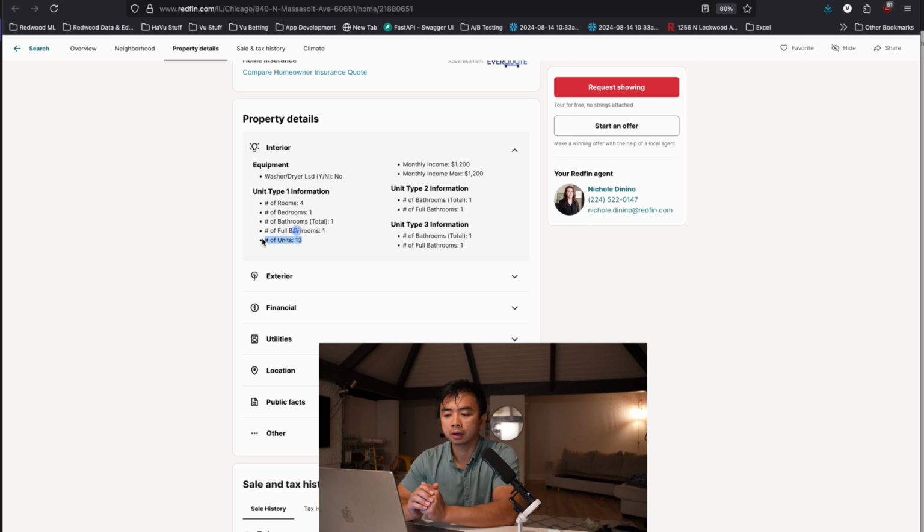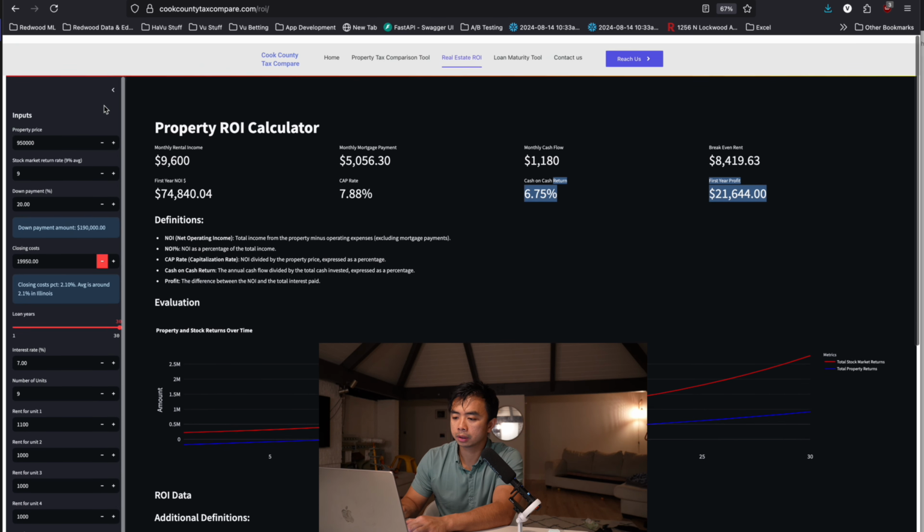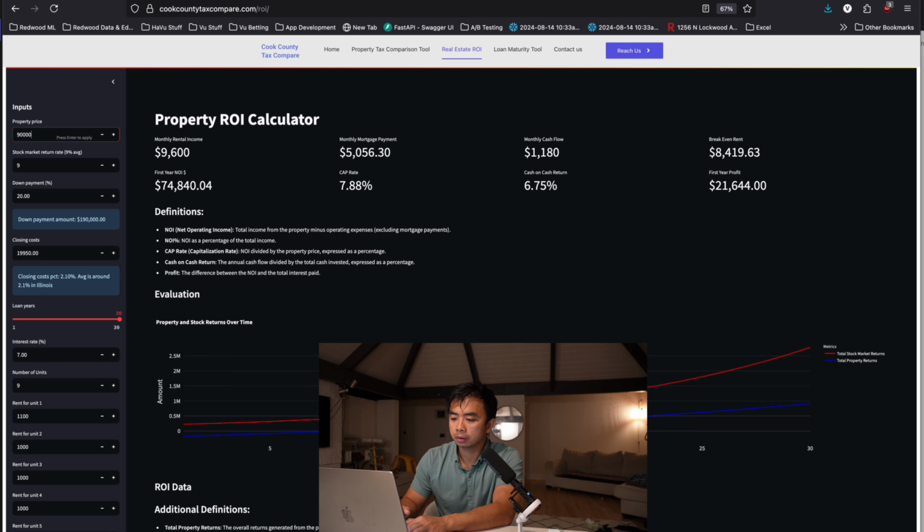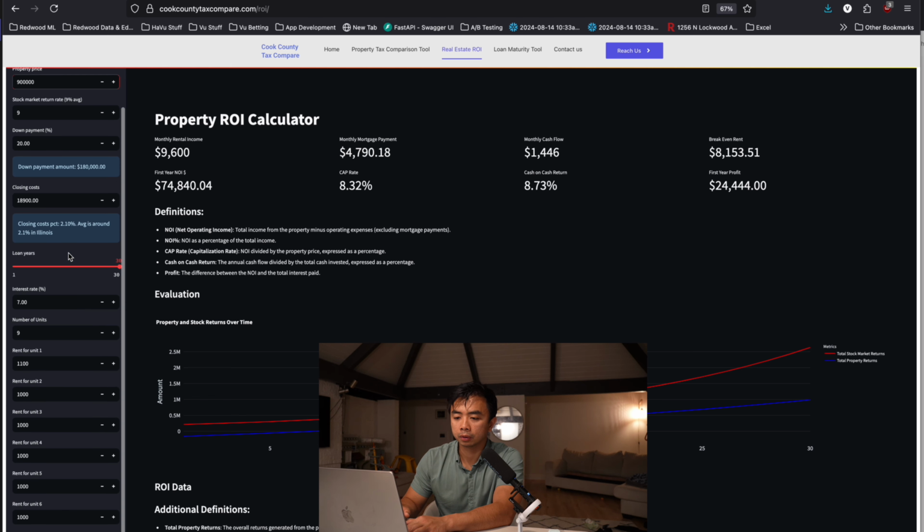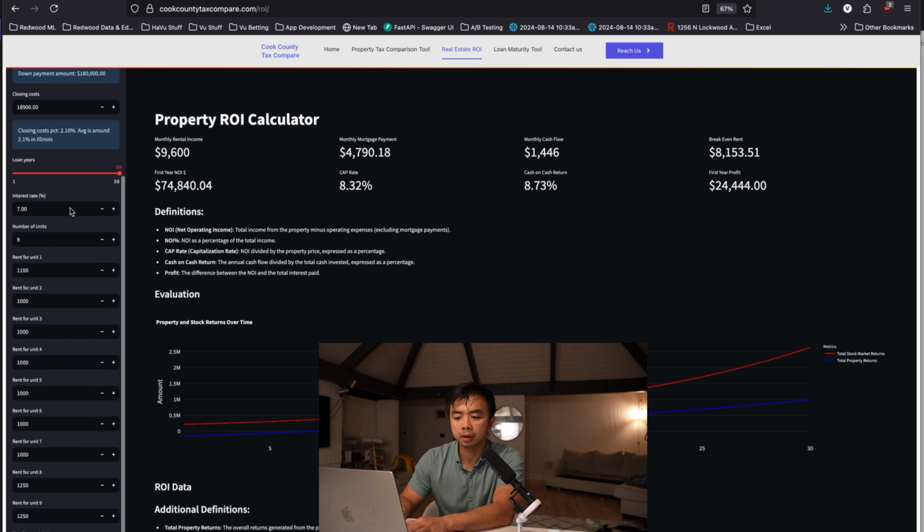This is a $900,000 property, and let's take a look at the rentals. So it's a 13 unit property at $1,200 each unit. So this is $900,000, and you'll also need 20% down. So at the end of the day, it'll be $180,000 plus 20,000.